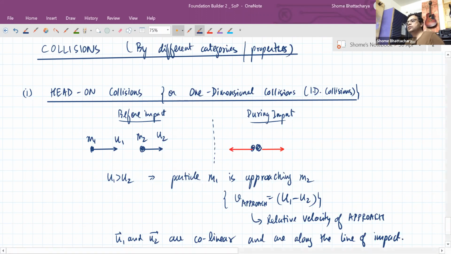So this is the force that 2 experiences because of 1, and this is the equal and opposite force that 1 experiences because of 2 while they are in contact. Okay. So the line along which these forces act, this is called the line of impact, and that is collinear with the initial velocities u1 and u2. You can see. So this is called the line of impact.